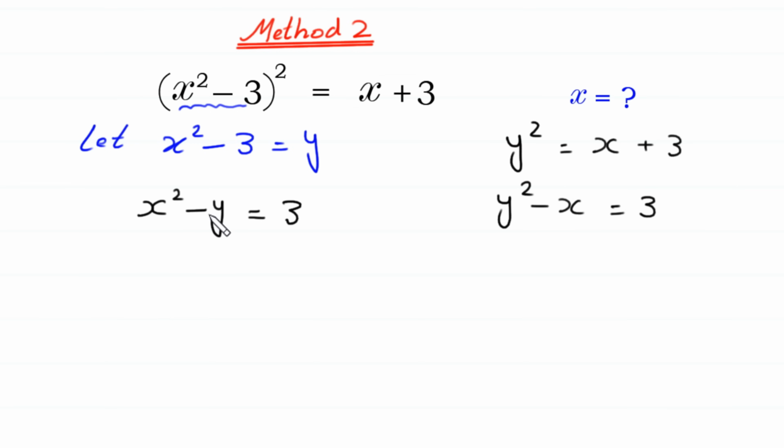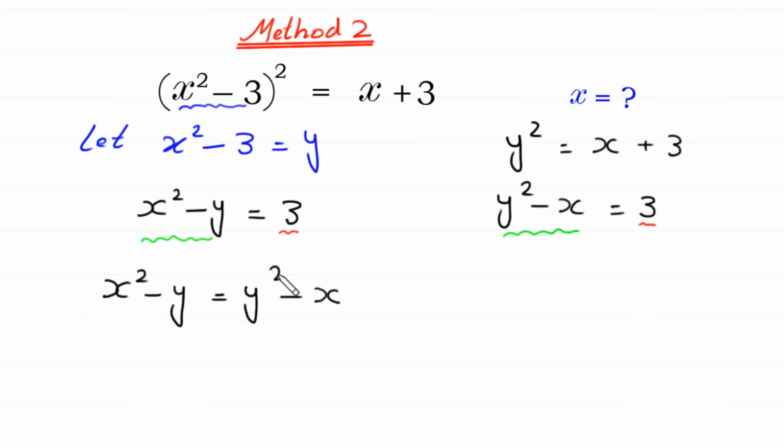Now at the right side of this equation you can see that here we have 3, and at the right side of this equation we have 3. So by comparing we can write this x squared minus y equal to this y squared minus x, like this. x squared minus y is equal to the left side of this equation, y squared minus x.